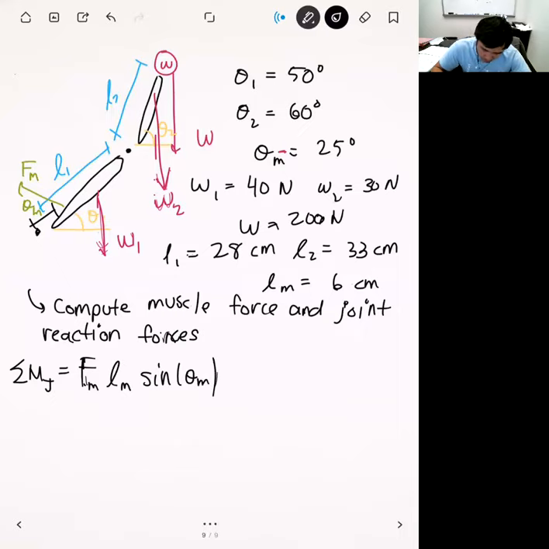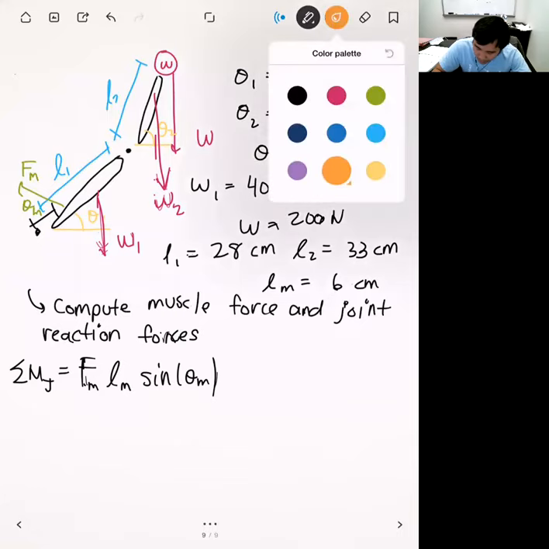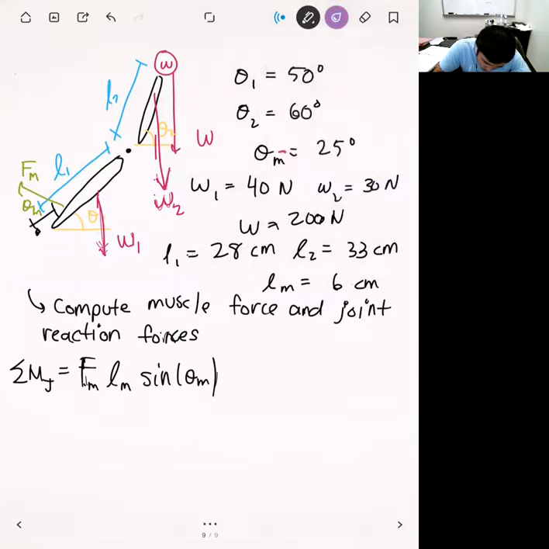Next we have W1 right here. And so just like we did before, I'm going to draw a triangle. From that triangle right there, we can see that the component that we want is this horizontal length.